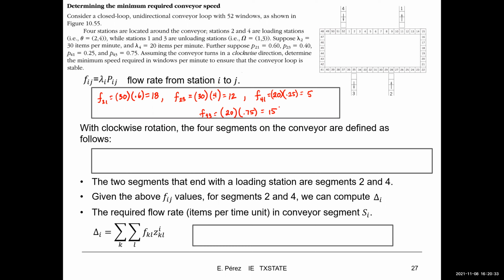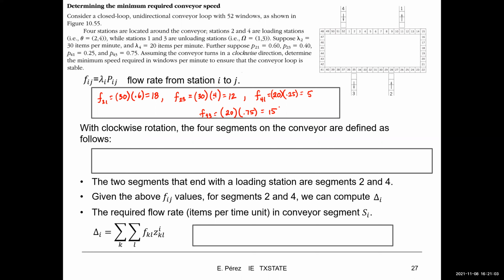With the clockwise rotation, the 4 segments on the conveyor are defined as follows. If you remember, every set or every segment needs to end with a loading or unloading station. So that's what we're going to use to define these sets.